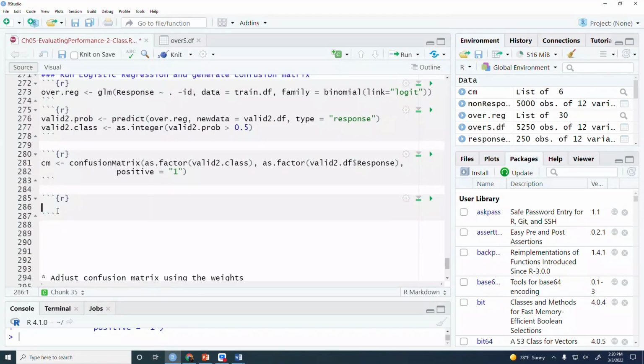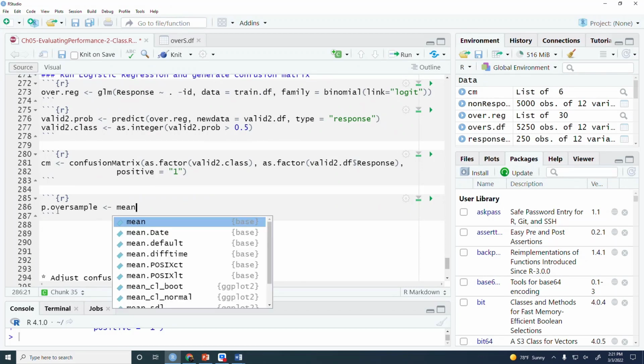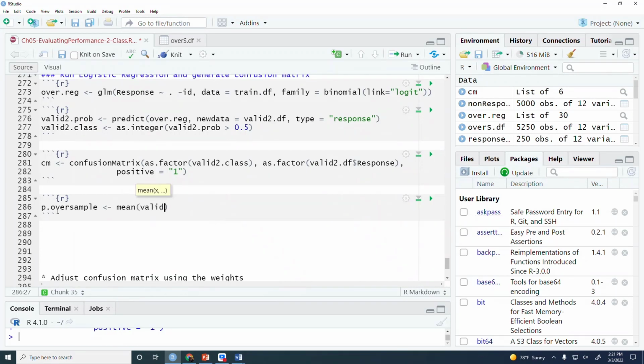So we need P of oversample, which is the mean of valid2.tf$response.